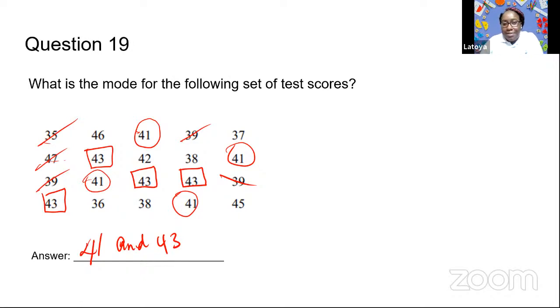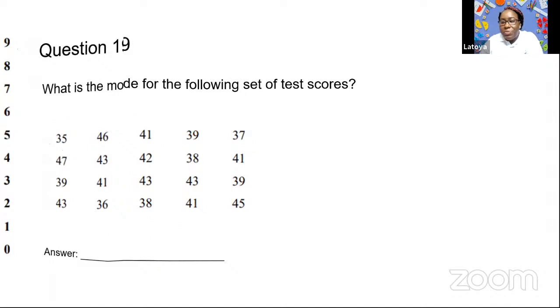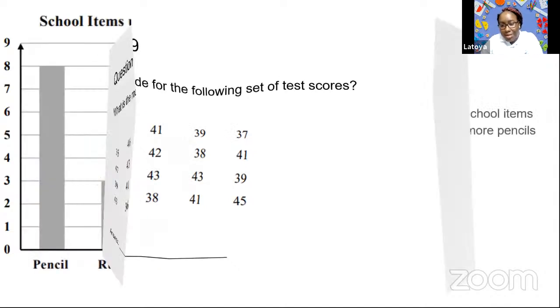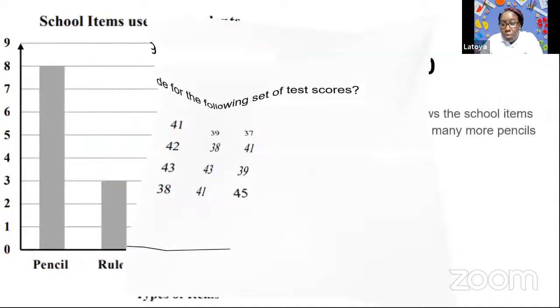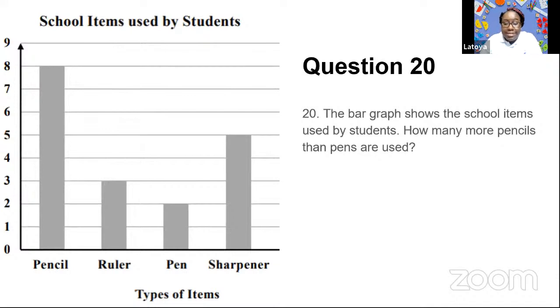Question number 20. The bar graph shows the school items used by students. How many more pencils than pens are used? A very simple question. We can answer this question by simply looking at the graph. This is pencils, this is pens.